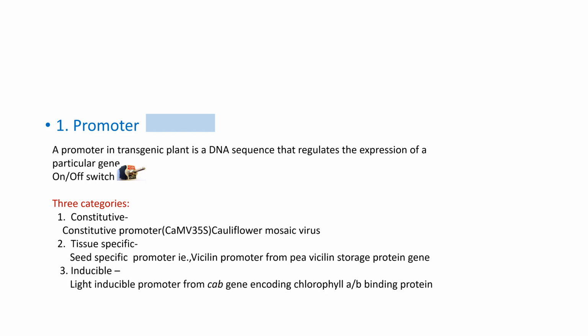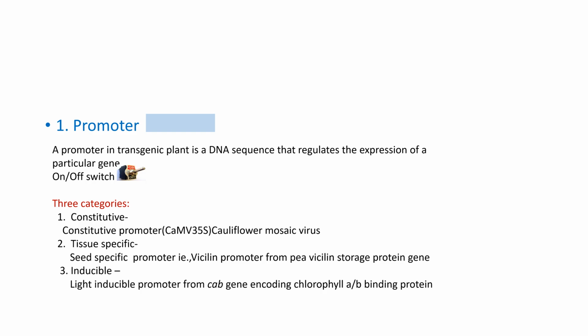That means it is causing gene expression throughout the life cycle of the plant in most of the tissues. This is the one isolated from the cauliflower mosaic virus, that is CaMV 35S, the promoter that is usually used, and it results in a very high degree of expression in plants.